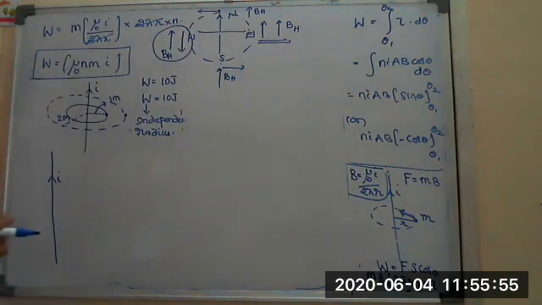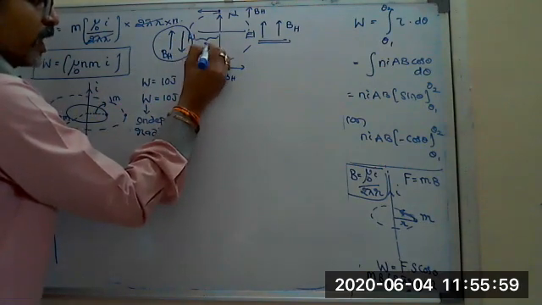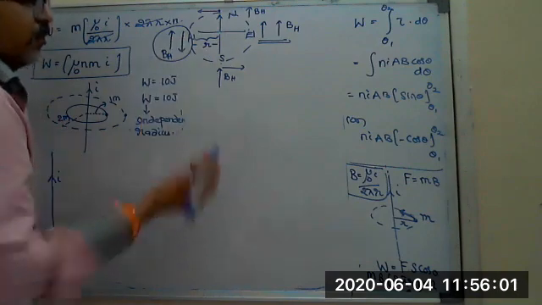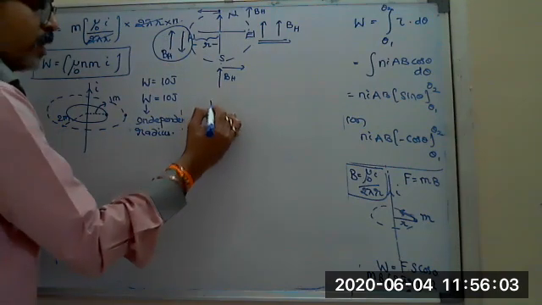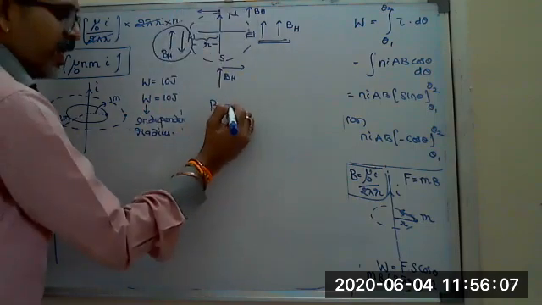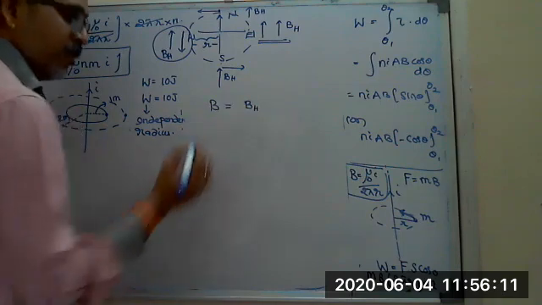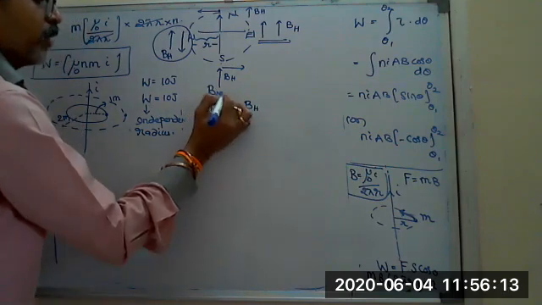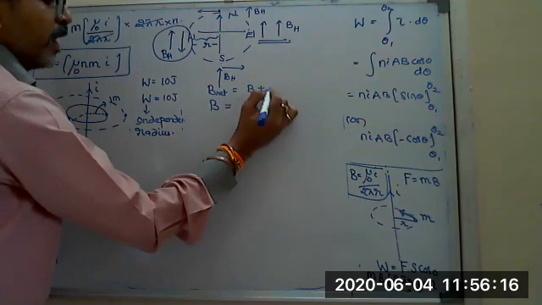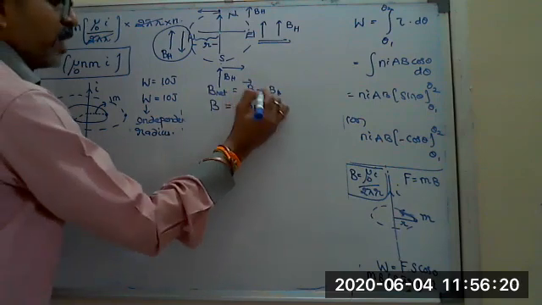In this case, at what distance from the conductor is the null point formed? If they ask, it is very simple. At the null point, the magnetic field produced by the current carrying conductor should be equal to the Earth's magnetic field in magnitude. Why? Because B net is B plus or minus BH; resultant means B bar plus BH bar.